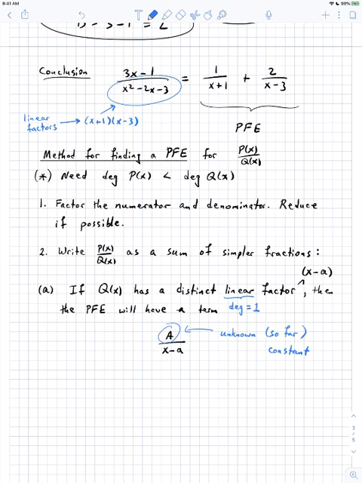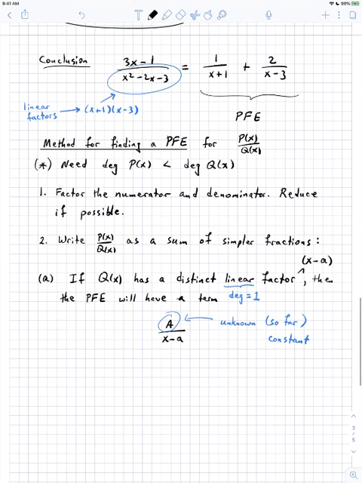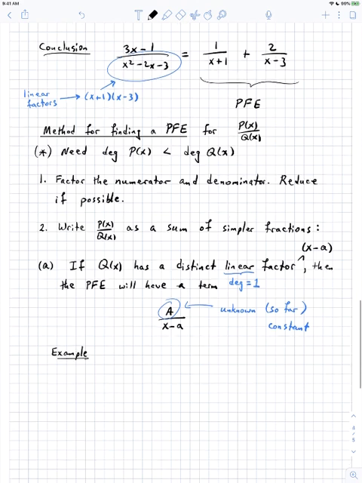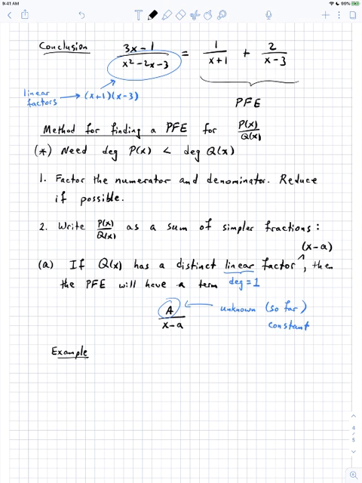So let's look at an example just to make it a little bit easier to understand what's going on. Let's say you have something that looks like, we don't really need to know what the numerator is. The denominator, let's say it has something like x minus 2 times x minus 3 times x plus 4, just as an example.